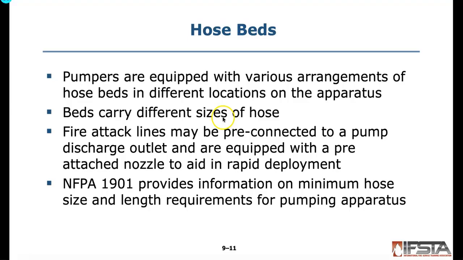The ones that come off the back of the apparatus are not necessarily hooked up to a discharge. The ones that come off the side, the transverse, those are connected to a discharge. NFPA 1901 provides information on the minimum hose size and length requirements for pumping apparatus, so you'll want to follow those. Again, not everybody has pre-connect, so you just want to get familiar with wherever you're going to be working.